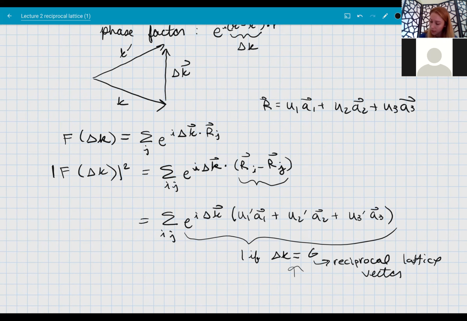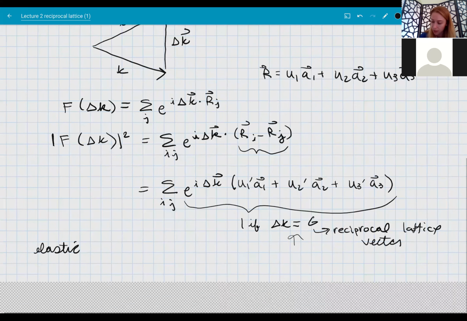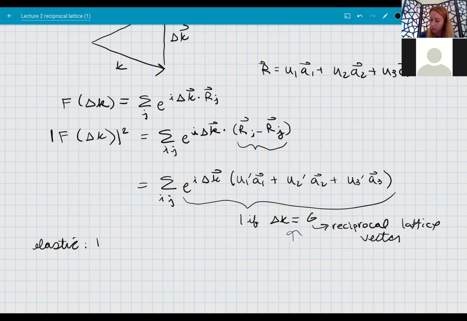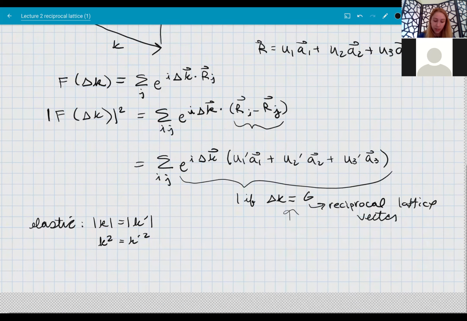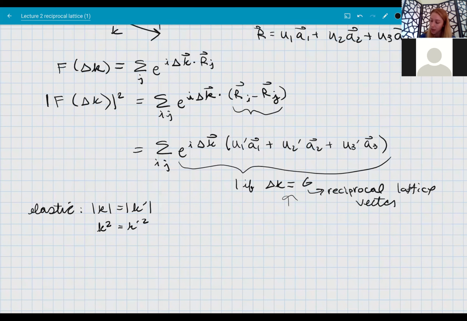So that means that the magnitude of k and the magnitude of k prime is going to be the same, and it also means that k squared is equal to k prime squared. Okay, so let's use this to rewrite the equation.